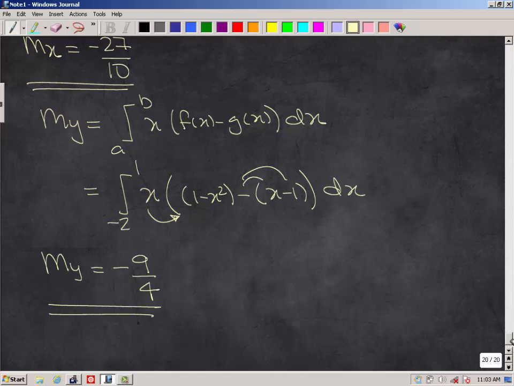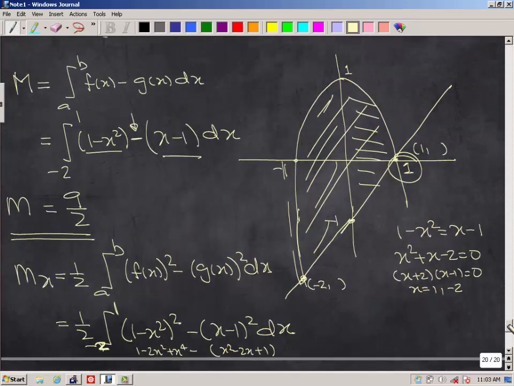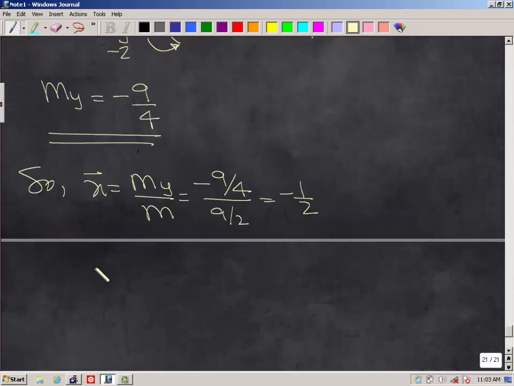And we're not done because none of these are answers. So x bar is going to be m sub y over m. So in this case, it's going to be negative 9/4 over m. M was 9/2. So we end up with what? Negative 1/2. The 9s will cancel and the 4 and the 2 will cancel. And y bar is going to be m sub x over m.